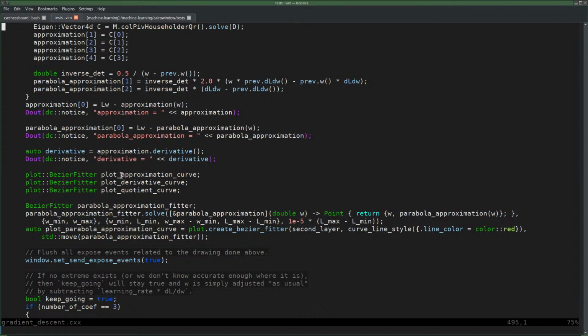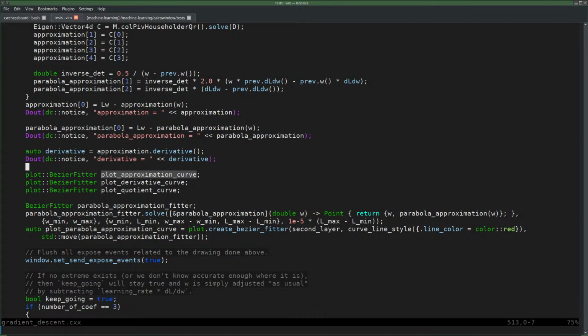So this is the fourth degree, this is then the third degree derivative, and this is the second degree quotient. The derivative divided by w minus the root we found. They are defined here because they need to be in the scope of the big loop. Because if I destruct this, then the parabola, sorry, the curve is just removed from the graph.